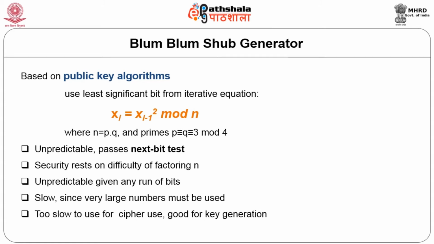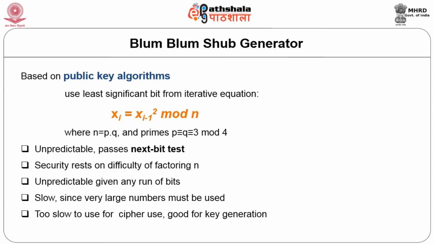n is nothing but p into q, and for p and q we have a special condition: they should be prime, p should be congruent to 3 mod 4, and q should be congruent to 3 mod 4. For example, I cannot take p to be 15 because the first condition is p should be prime.